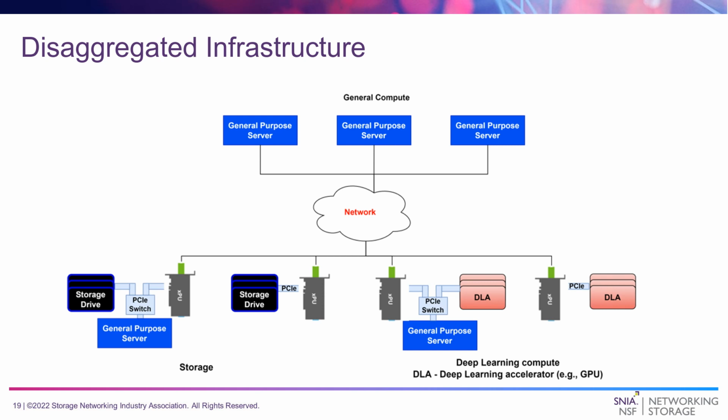In these slides, we'll talk about two use cases. One is for remote storage, which has storage drives connected to the network. And the other one is for AI inference, where we consume deep learning compute resources from the network using DLAs, which are deep learning accelerators, which are hardware which accelerates the deep learning compute.